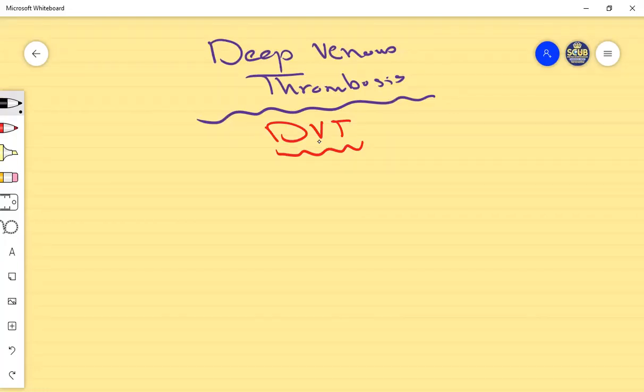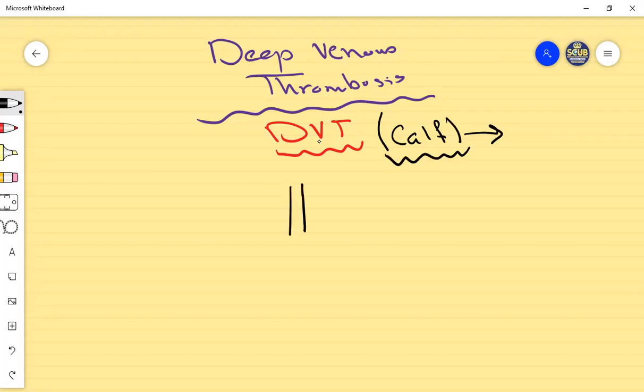Calf muscles, right? You know where the calf is or not? Where are the calf muscles? I don't know the word.